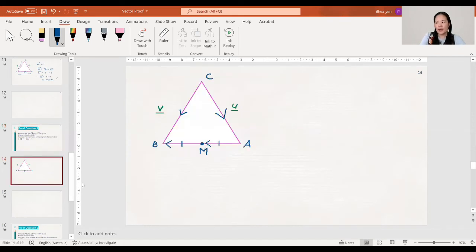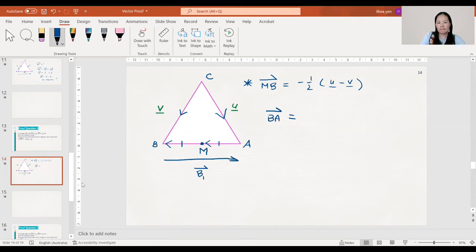So the proof that we have to have is vector MB is negative half of vector U take away vector V. I'm going to go vector BA equals, so that's vector BA, because at the moment the current goes from A to B. I can say we are in the opposite direction, but it's double of vector MB.